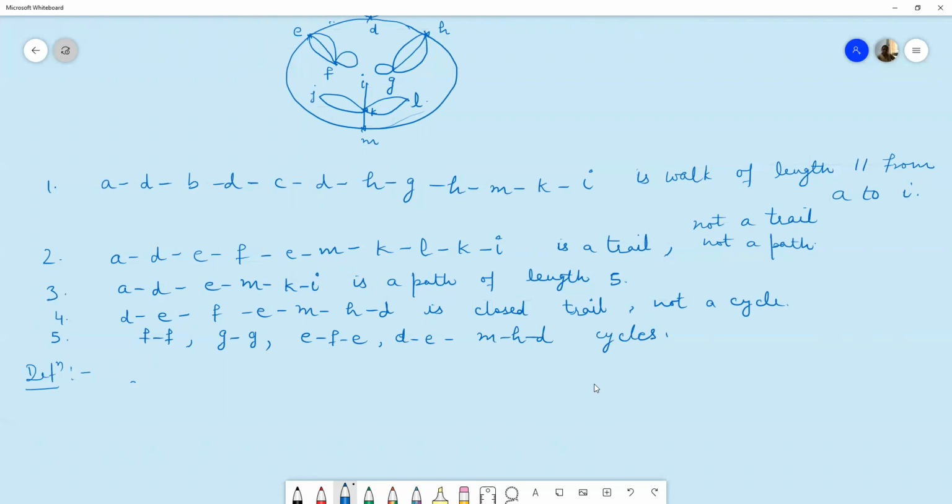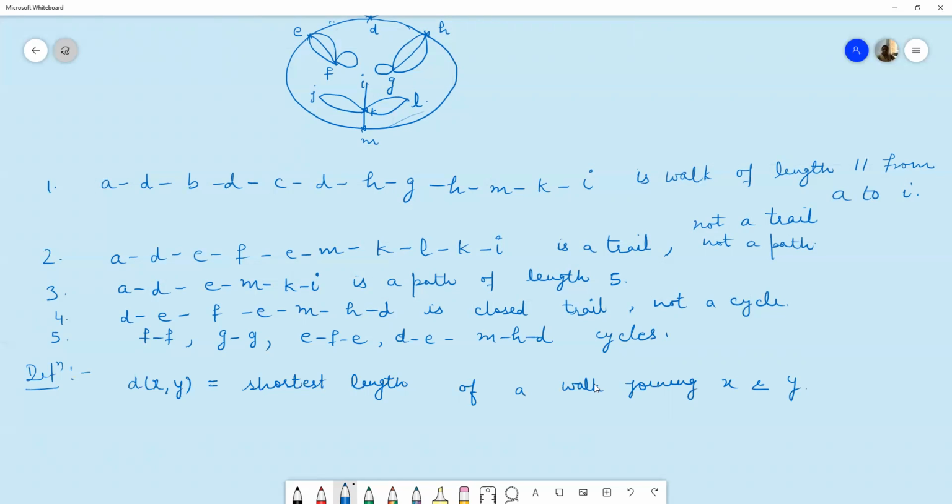So now we define dxy for a connected graph G. We define dxy. Dxy is the shortest length of a walk joining X and Y. So we take all the walks joining X and Y and we take the walk of shortest length.